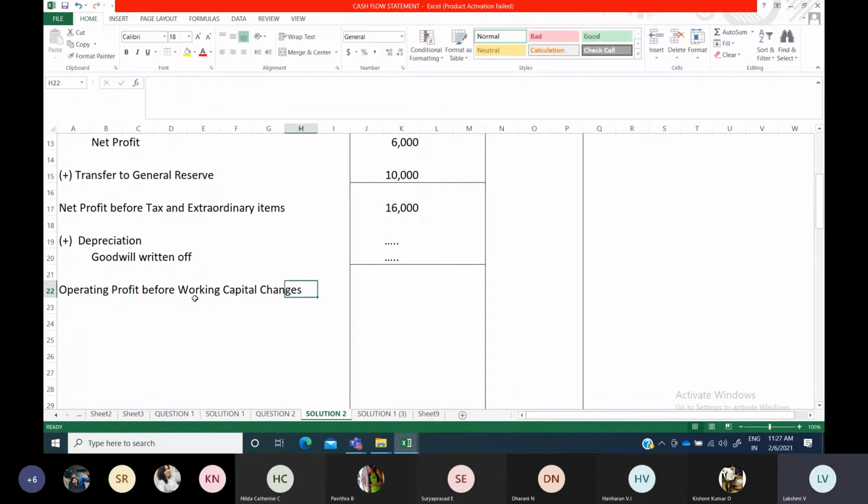So what is the amount now? 16,000 only. If you have those items, you will add up all these. If it is not there, here also you can mention the operating profit before working capital changes.